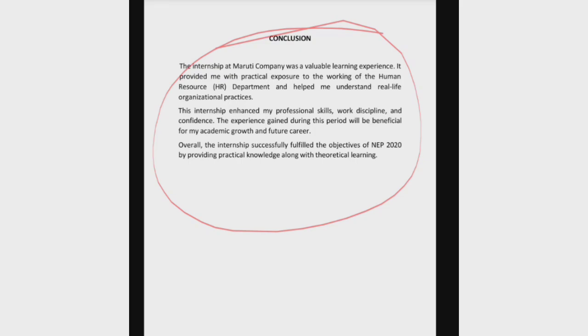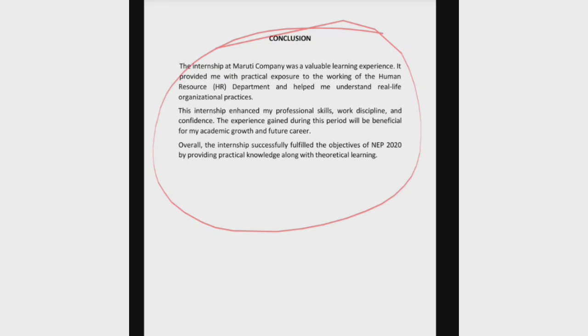The internship at Maruti company was a valuable learning experience. It provided me with practical exposure to the working of a human resource department and helped me understand real-life organizational practice. The internship enhanced my professional skills, work discipline, and confidence.